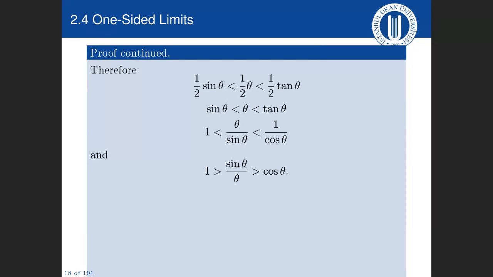Sine theta is smaller than theta is smaller than tan theta. Divide through by sine theta, remembering that as long as theta is between 0 and pi over 2, sine theta is a positive number. So we get 1 is less than theta divided by sine theta is less than 1 over cos theta, because tan means sine divided by cos.